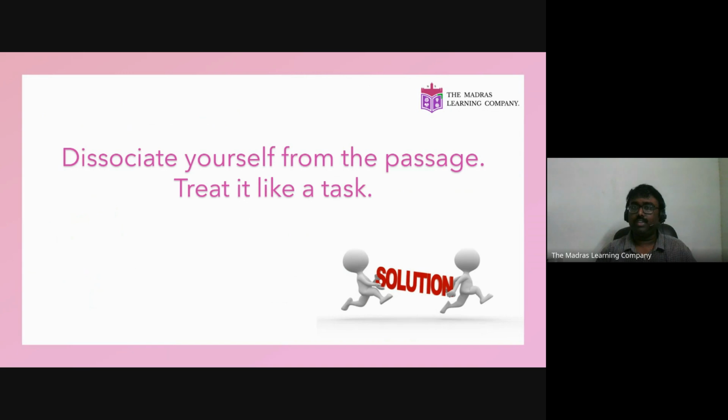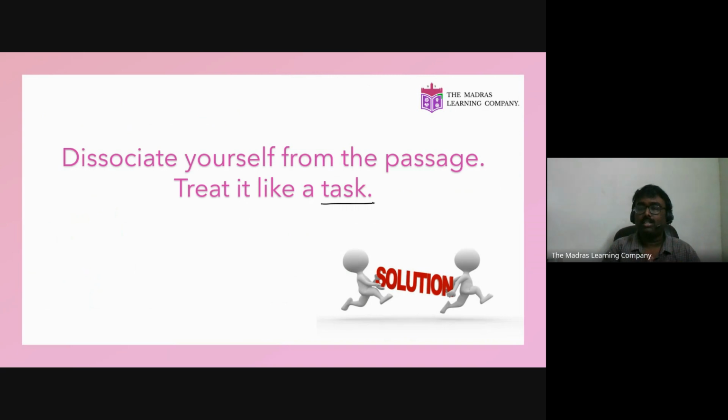So the solution is very simple. Don't associate yourself with the passage, right? Don't try to connect yourself to the passage. Remember, you're not reading a novel, you're not watching a movie for you to sit and read and experience the magic of reading. GMAT is not the place for you to do that. Look at the passage from a distance, treat it like a task.